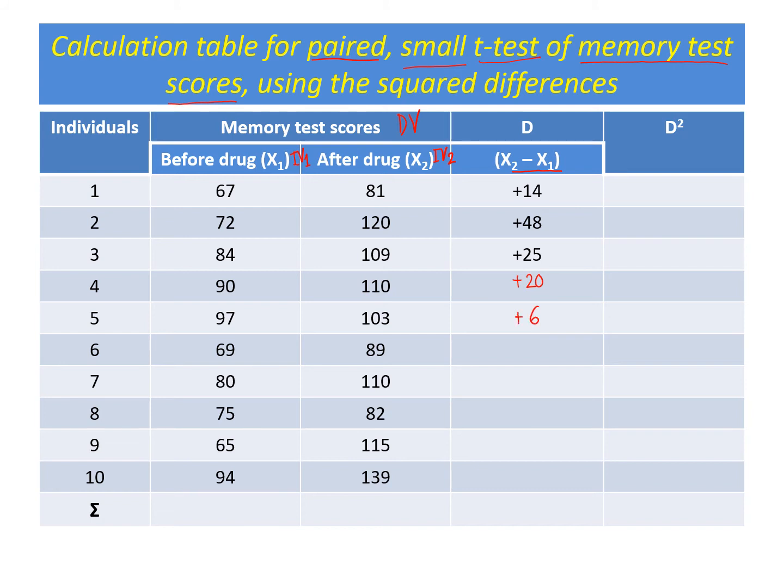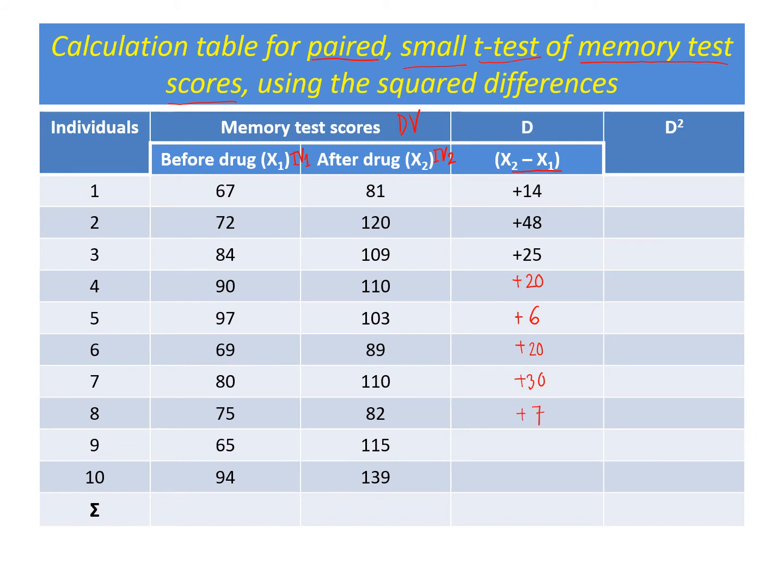Very good. Then 89 minus 69 will be 20 again. Then 110 minus 80 will be 30. Then we have 82 minus 75, and it will be 7.